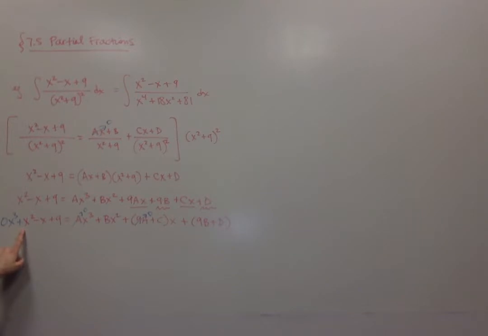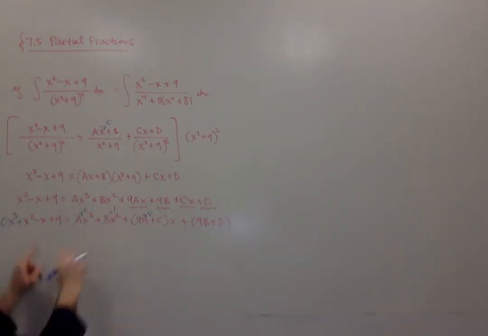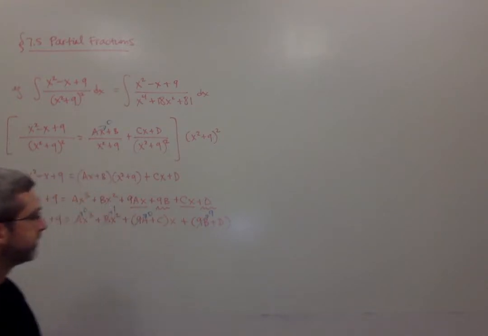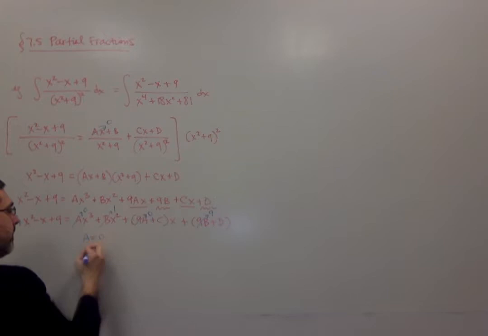Do you see that? B actually has to be 1, because the x squared term here and the x squared term here have to equal each other. So b is actually 1 here, so that makes that 9. So a is 0, b is 1.